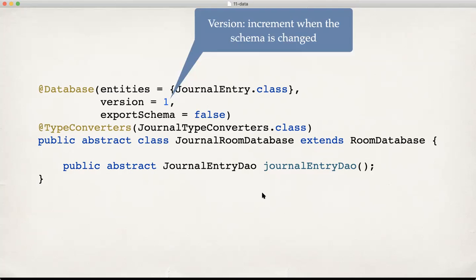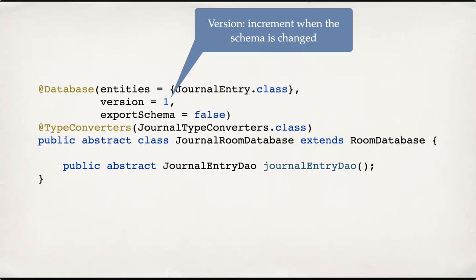Version is the version for the database schema, in a sense. So if you change the schema in future, you should increment the version number here. And there are strategies to handle conflicts and such things, but we won't go into the details of that right now because we are dealing with a very simple, straightforward app in the first place.